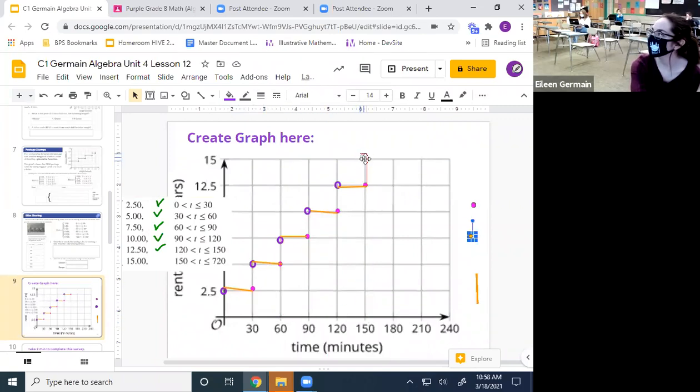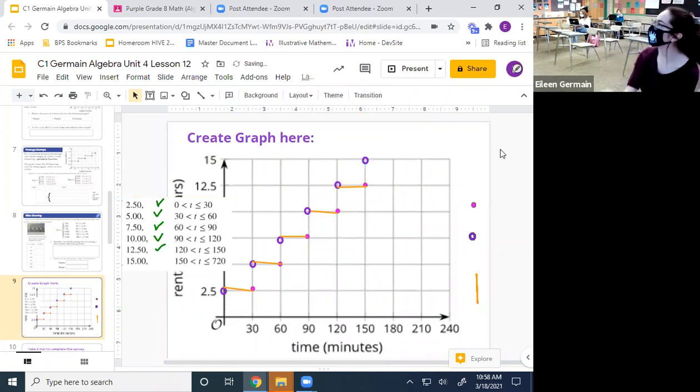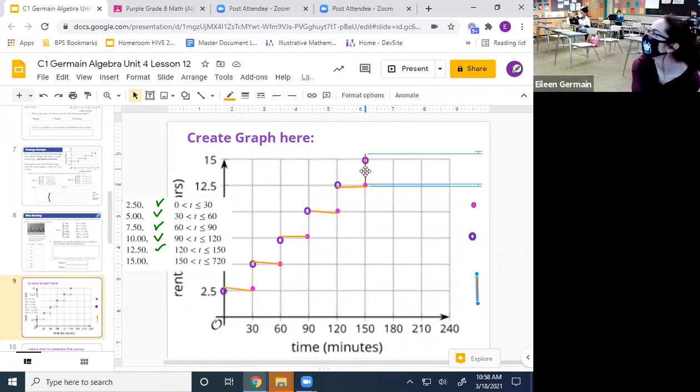Okay, and then did you put a dot on the end, because you're taking it out, right? And it goes to 720. So did you put a dot at the end of it? No. Why did we say no on that? Because it goes up to 720, so it wouldn't fit inside the segment that we can see. Good.